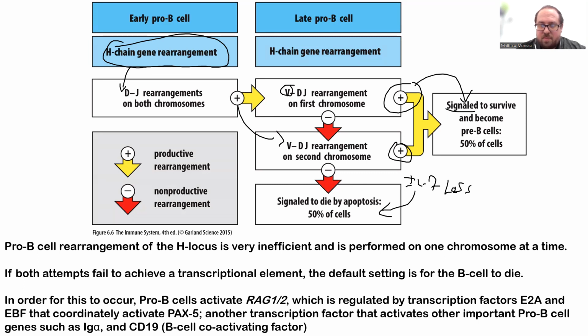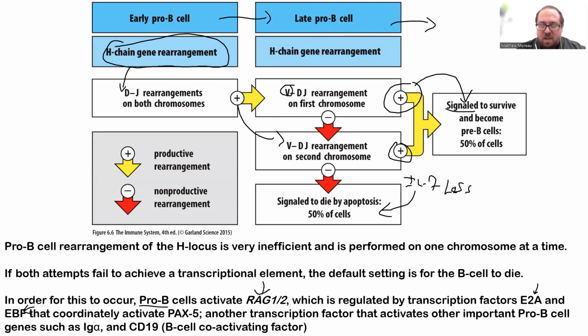Now, it's important to note that as these cells continue to move along, going from early pro-B to late pro-B and onwards, it is really important to continuously activate RAG. RAG is expressed and regulated by two important transcription factors, E2A and EBF.